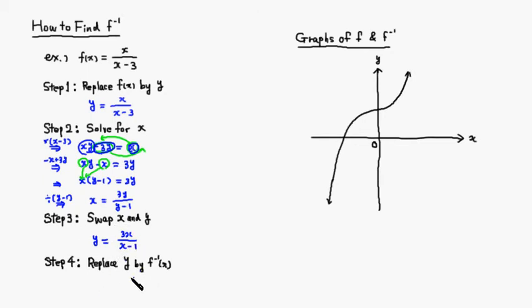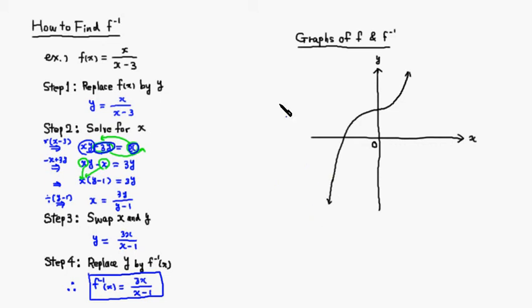The last step is replace y by f inverse of x. So therefore, f inverse of x is equal to 3x over x minus 1. So this is the formula for the inverse of the given function.